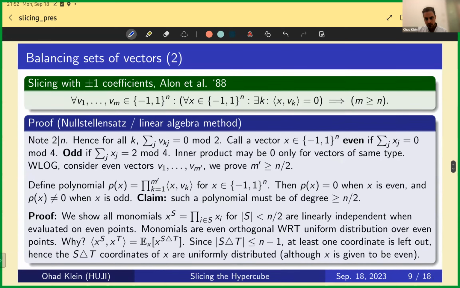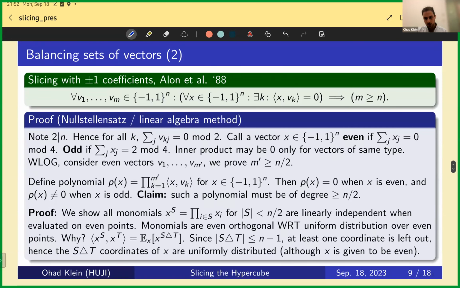And okay, so let us now get to the proof. Now we show that indeed all monomials are orthogonal to each other. So the inner product of two monomials is the expected value where x goes over all even vectors, a uniform distribution.